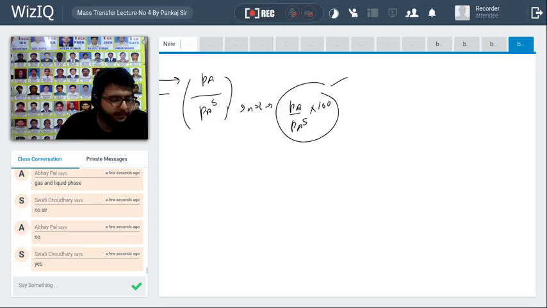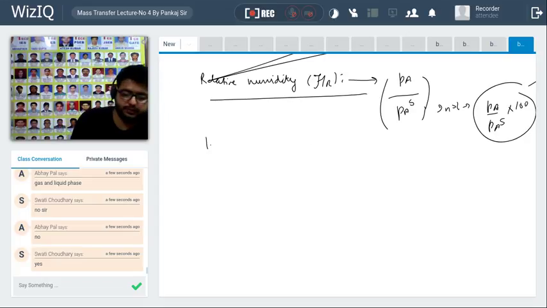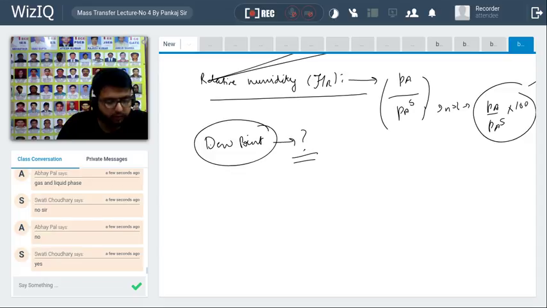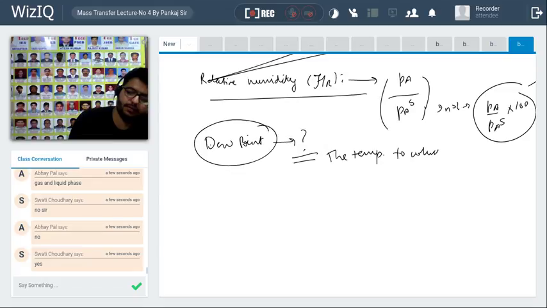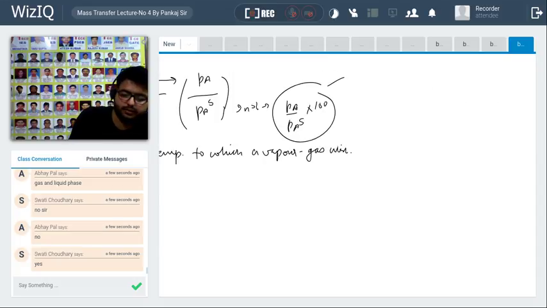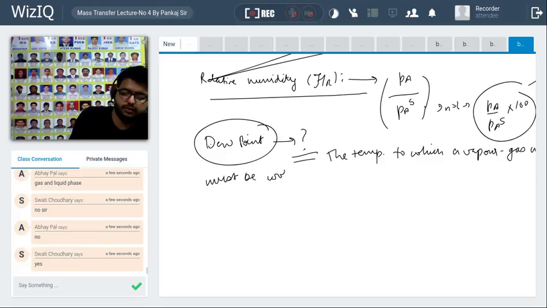Okay, now dew point. The temperature to which a vapor gas mixture must be cooled at constant humidity.